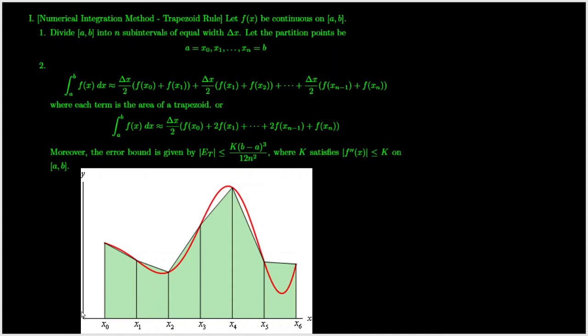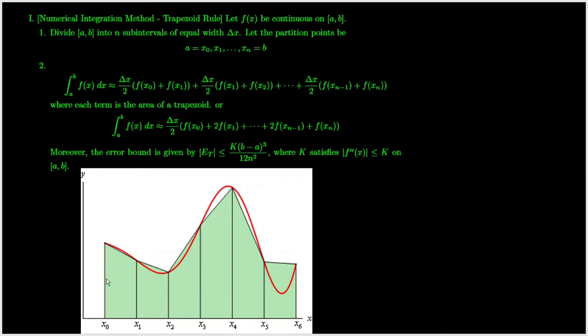For instance, the trapezoid on the far left is determined by the subinterval from x0 to x1. Actually, the trapezoid is formed by 4 points: x0 on the horizontal axis, x1 on the horizontal axis, and also these 2 points on the graph of the function, on the curve.